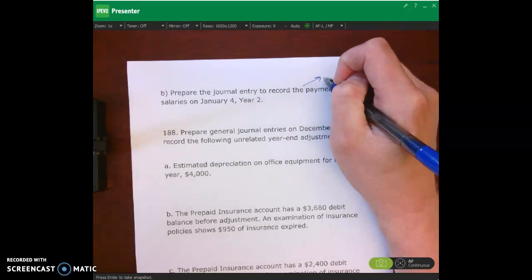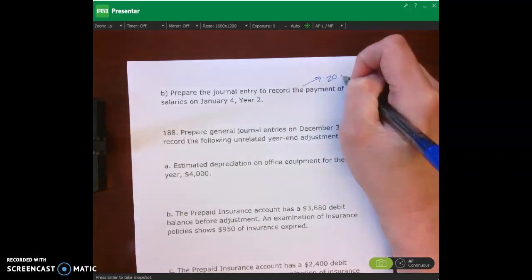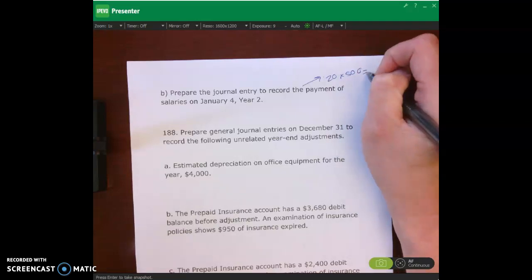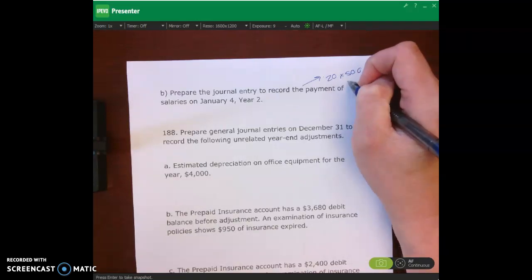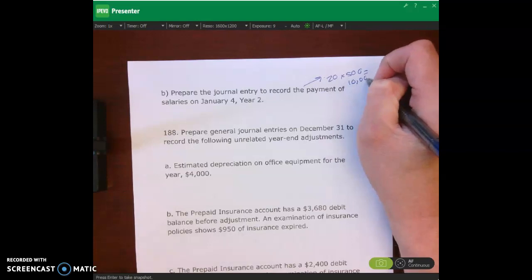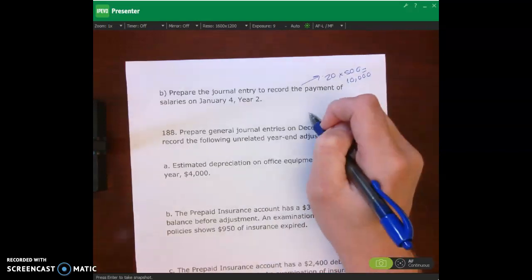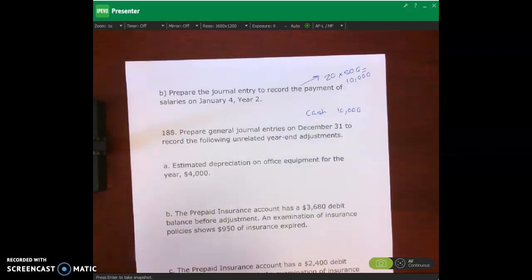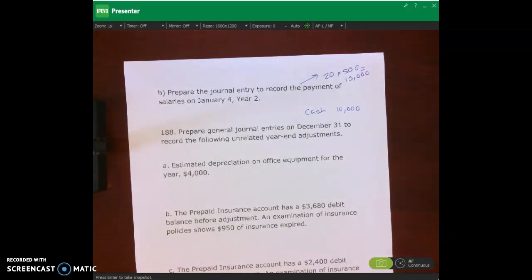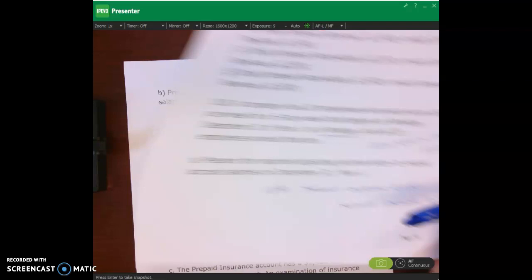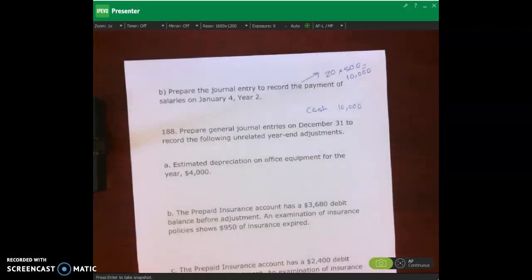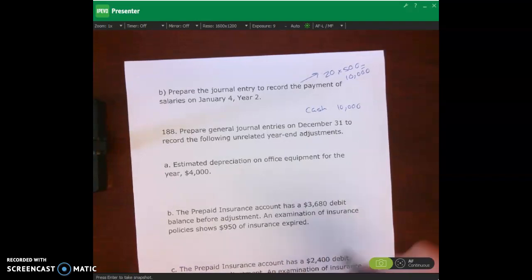Remember, it's our 20 employees times $500 per week, which will give us $10,000. So we know we're going to credit cash for $10,000. And we no longer have this salaries payable because we're paying them for it. So we don't owe them that money anymore. So our liability goes down.